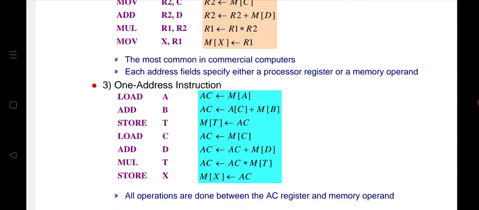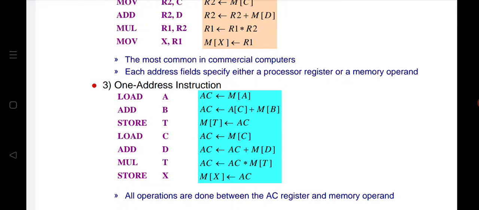Add B. By default the accumulator will always be there in the picture, so based upon my instruction, the accumulator will function accordingly. So add B: accumulator is equal to accumulator plus M of B.